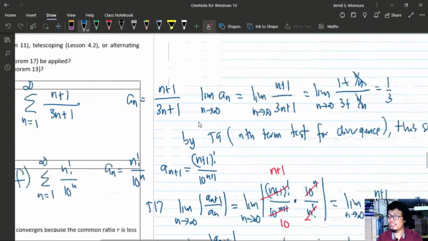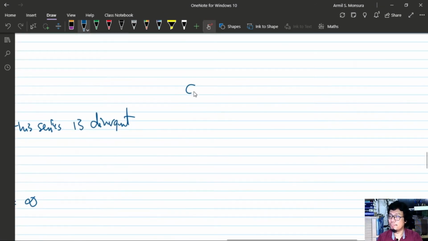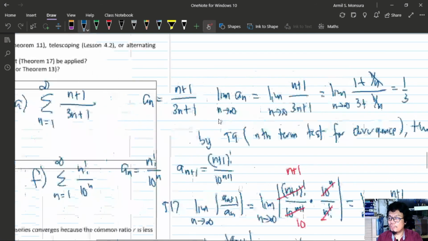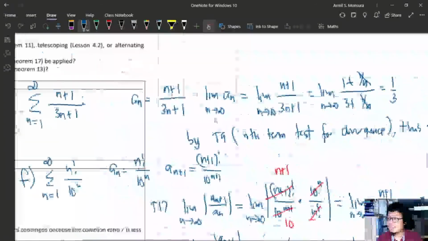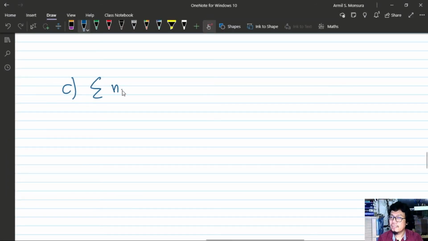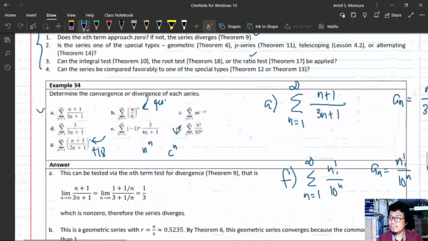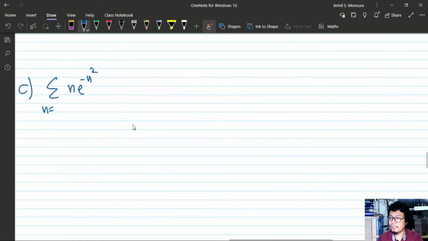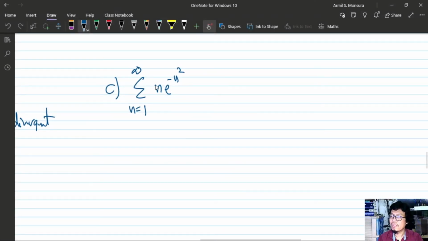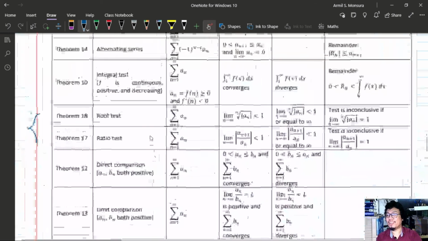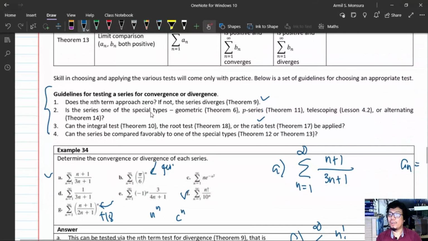Letter C is the sum of n times e raised to negative n squared for n equals 1 up to infinity. This is a very peculiar form, no? But here is the list. One, does the nth term approach 0? We're not sure.